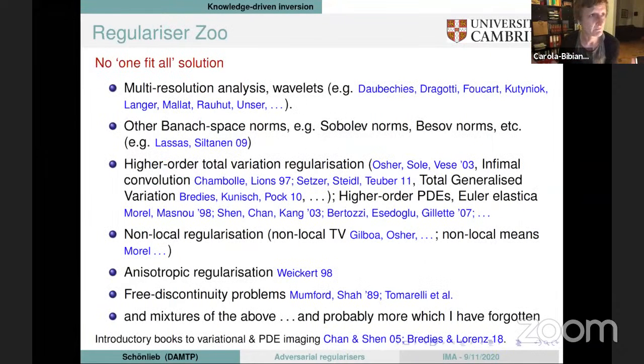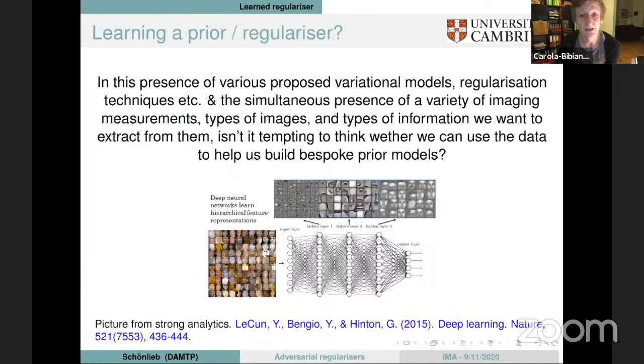I could show you lots more pictures with all these regularizers, but I won't. What I do is I now go to the learning. So the idea is, in the presence of these various different approaches for regularizing variational inversion, can we also think about using the data itself to help us build regularizers?